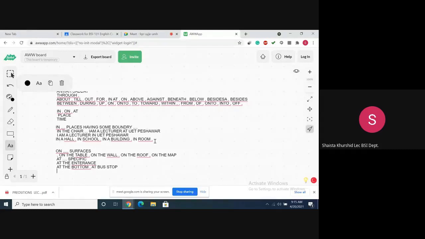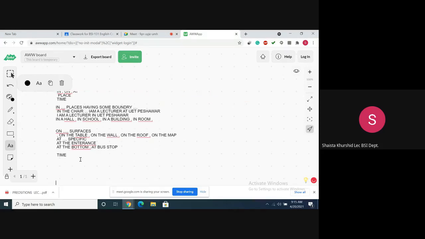Now see, these are for the places when we use in, on, or at for places. If we use them for timings, in is normally used for months, or it can be used for years as well.